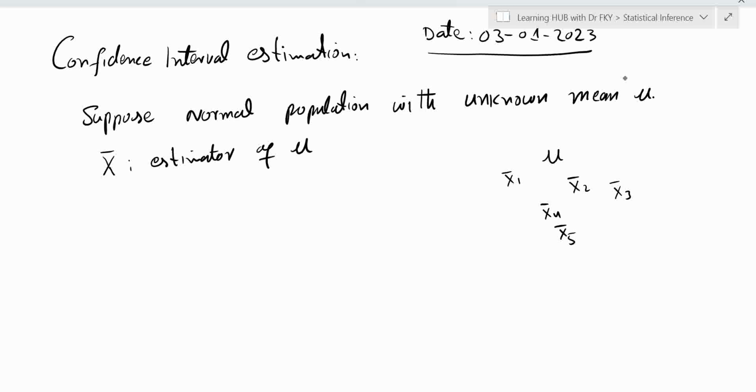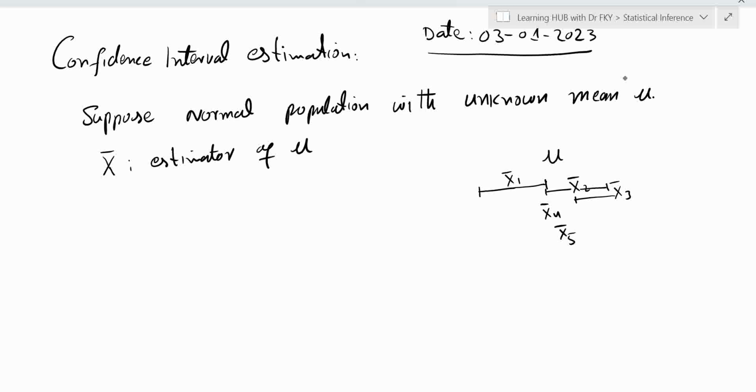So if you construct a confidence interval for this, I mean like the upper limit something like this and the lower limit, these are not the exact values, I'm just doing an approximation.